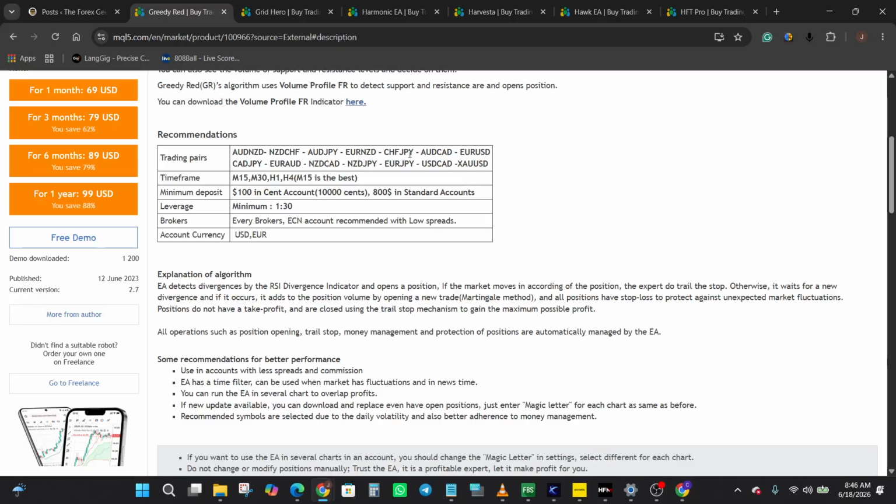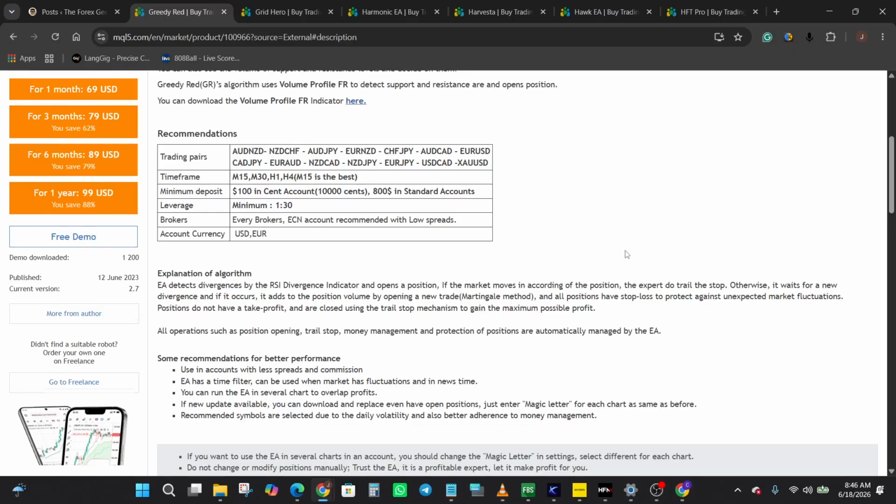The recommended time frames are M15, M30, H1, and H4, with M15 specifically highlighted as the preferred time frame. The developer also recommends low spread brokers, preferably ECN accounts with a minimum leverage of 1:30. Minimum deposit recommendations are listed as $100 for cent accounts and $800 in standard accounts.